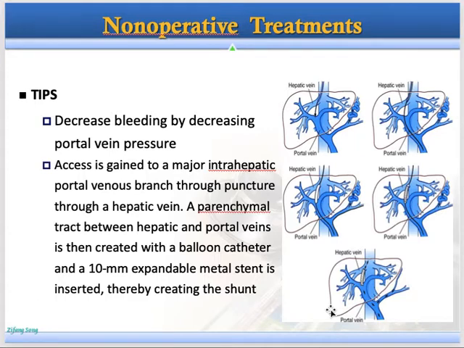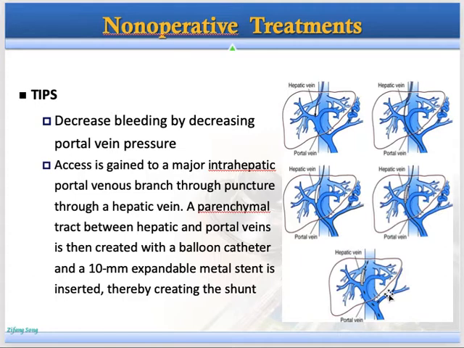So what they do, through the jugular vein, they go into the superior vena cava, and then they take that guide wire to the inferior vena cava, and they reach the hepatic vein, and through there, they put this shunt into the portal circulation. So simply they insert this shunt, which shunts the blood from the portal to the systemic circulation.